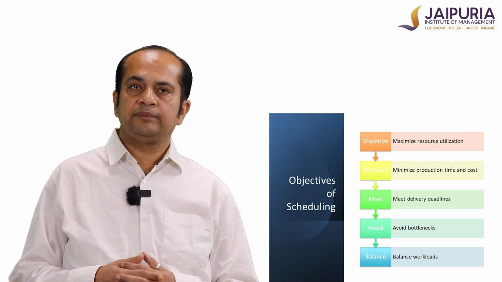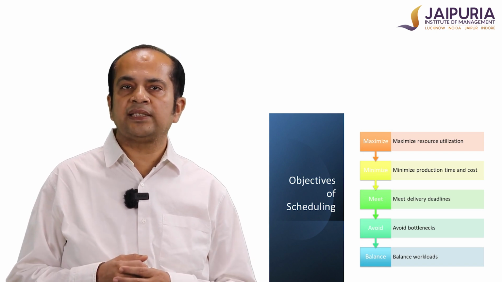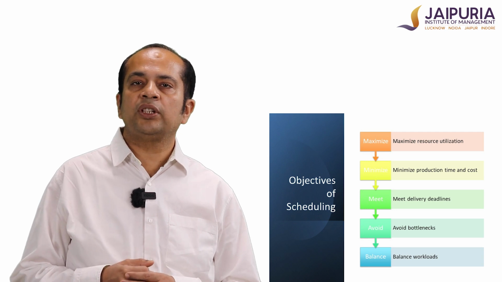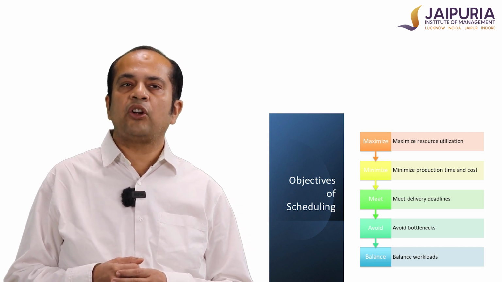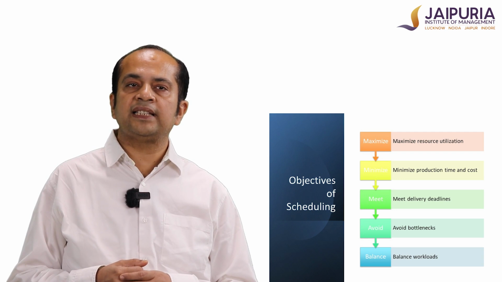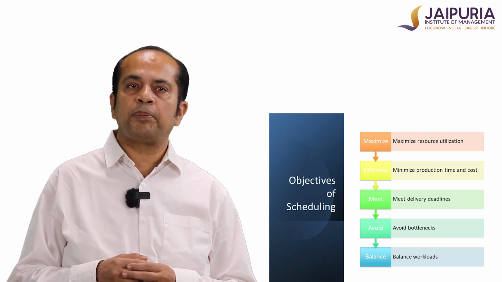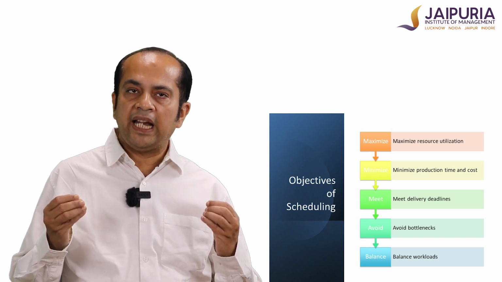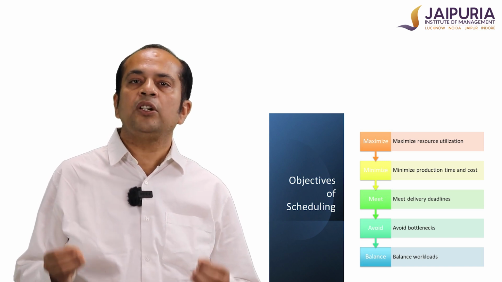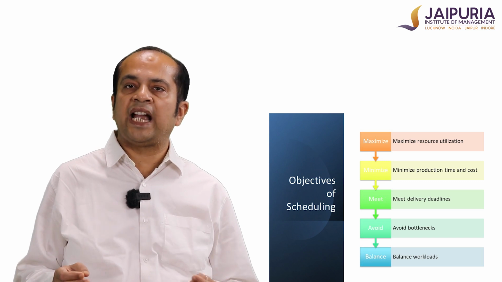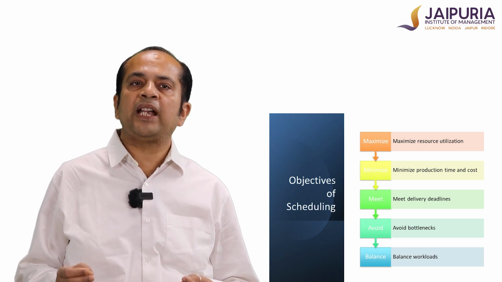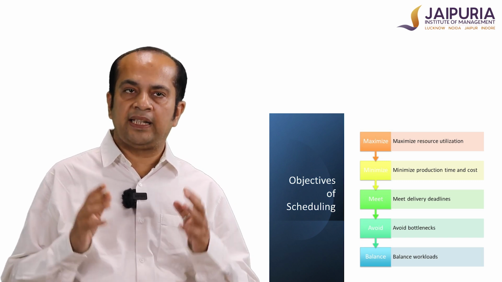Meeting deadlines by completing jobs, classes, or activities on time so that everything runs according to plan without unnecessary delays. Scheduling also helps to reduce operational costs. Efficient scheduling would help to minimize the wastage of time, energy, and money by organizing tasks smartly.